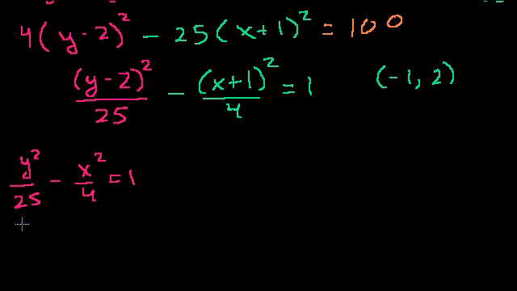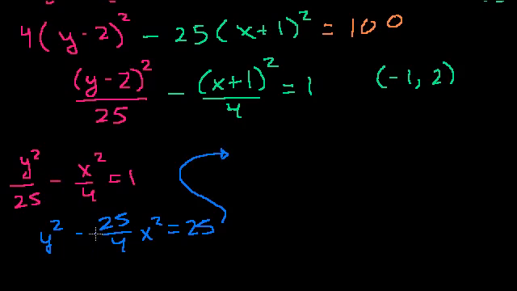Let's multiply both sides by 25. Then you get y squared minus 25 over 4x squared is equal to 25. Then if I add 25 over 4x squared to both sides, I get y squared is equal to 25 over 4x squared plus 25.